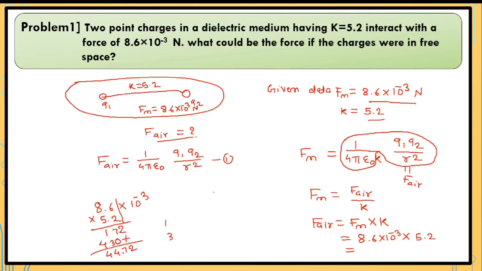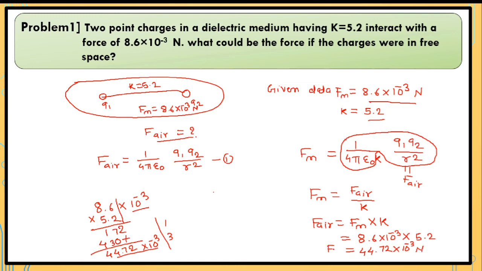So we place the decimal point here, and as it is, 10 to the power minus 3. So we will get the answer 44.72 into 10 to the power minus 3 Newton.